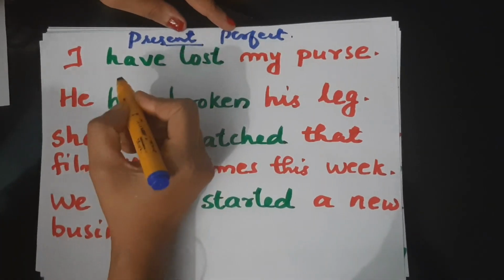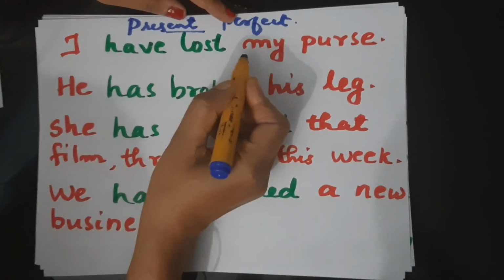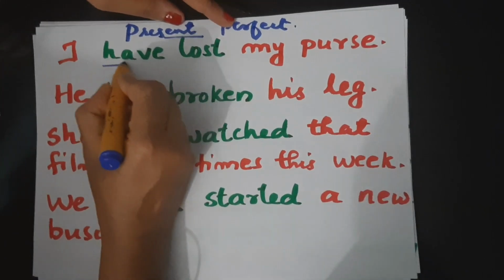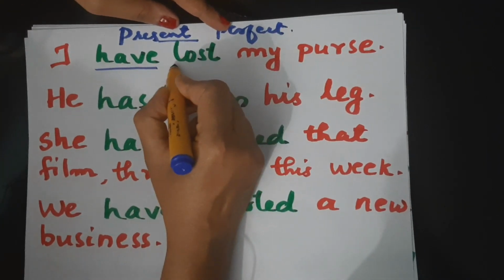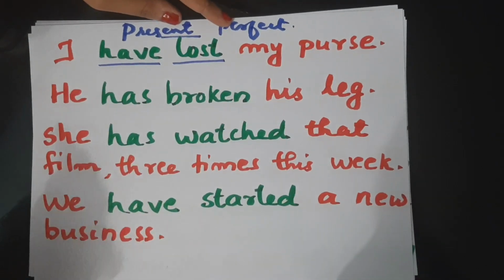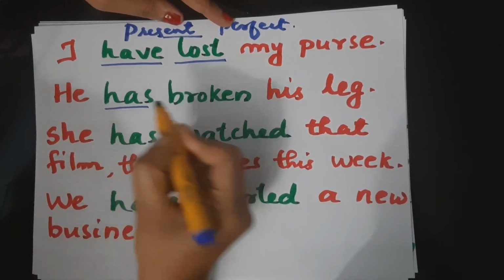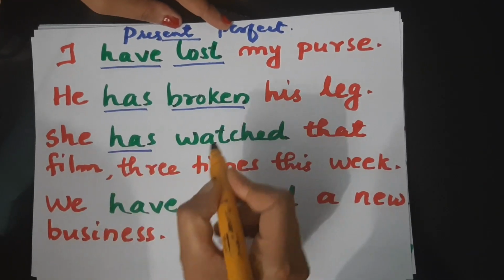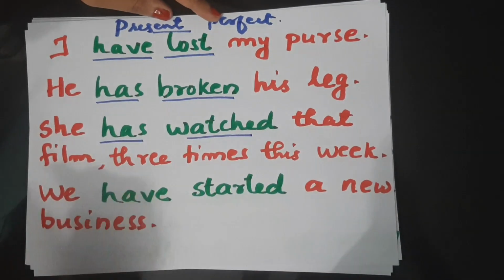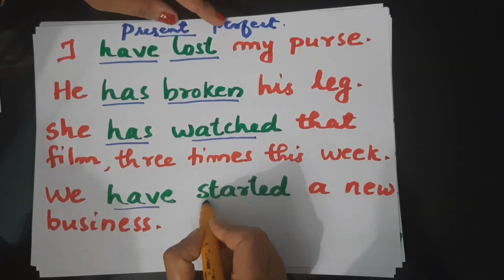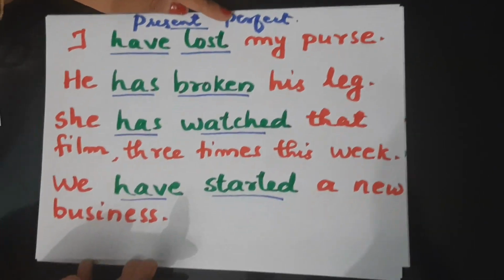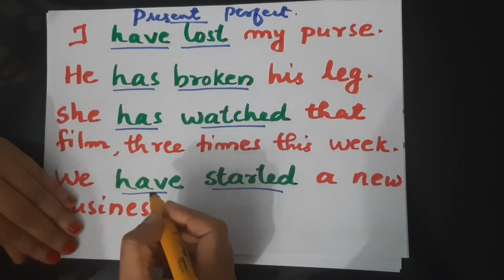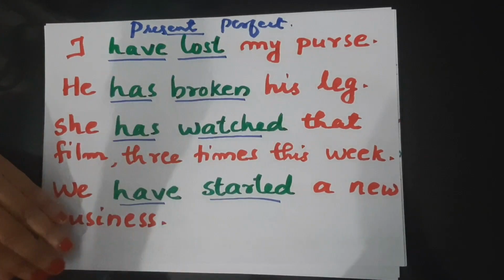Okay, see the format or the structure of this present perfect tense. See, have lost. Here, has broken. Here, has watched. Here, have started. Okay, I just referred earlier that has and have denote present perfect.